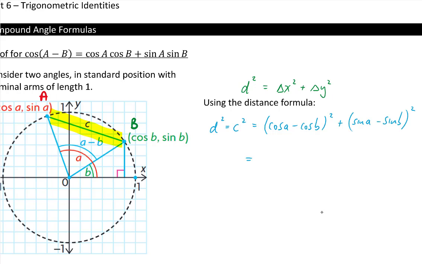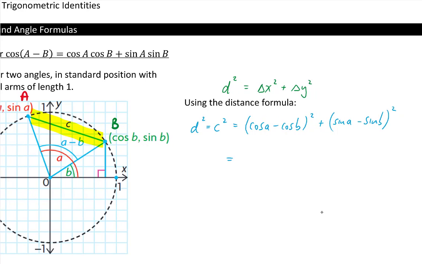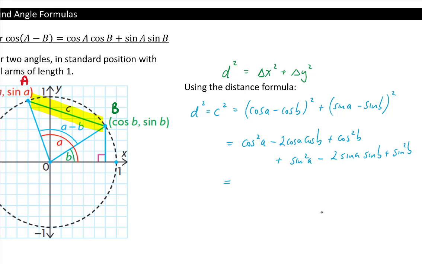Next, let's expand these quadratic expressions. I get cos squared A minus 2 cosine A cosine B plus cosine squared B, and for my second set of brackets, sine squared A minus 2 sine A sine B plus sine squared B. Let's rearrange this a bit.